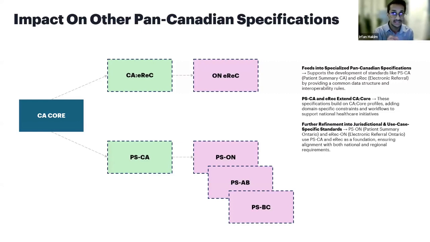to use with minimum modifications to fit the e-referral e-consult guide, and then you can use those same set of profiles with minimum modifications to be used for patient summary, which is PSCA, and the uses there.